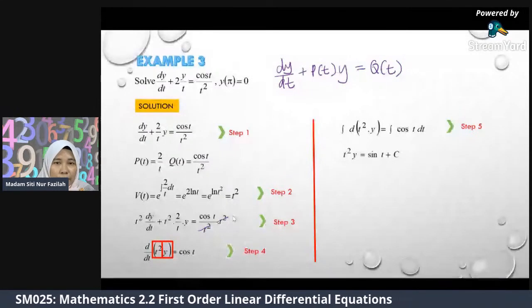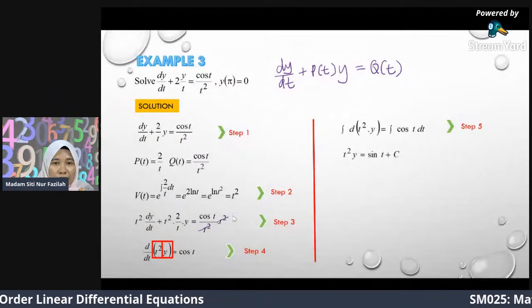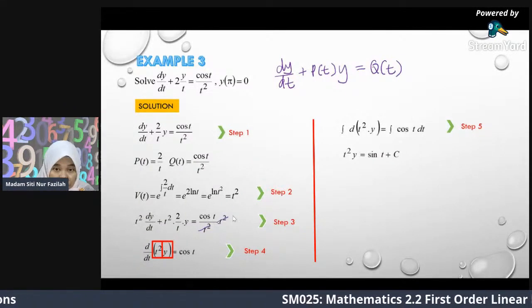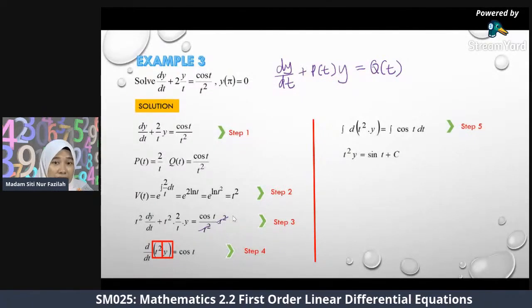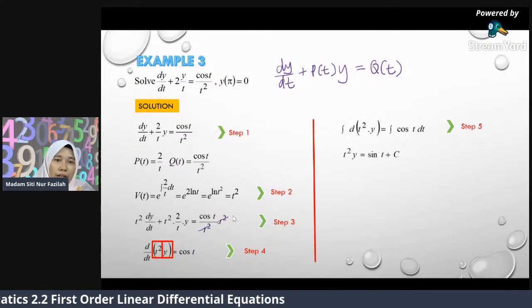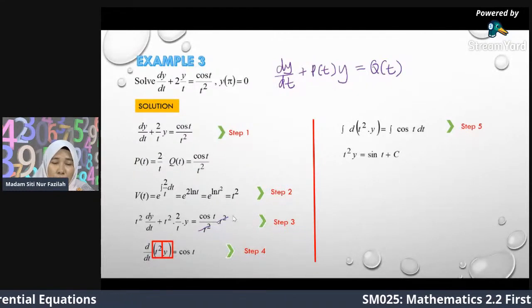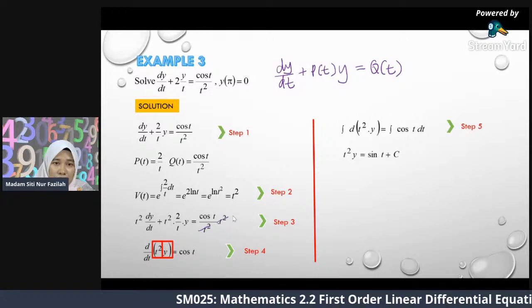Make sure we confirm that: integrate cos t is a positive sin t, not a negative. Differentiating cos t gives a negative sign, but integrating cos gives a positive sign. We get the equation t square y equal sin t plus c.